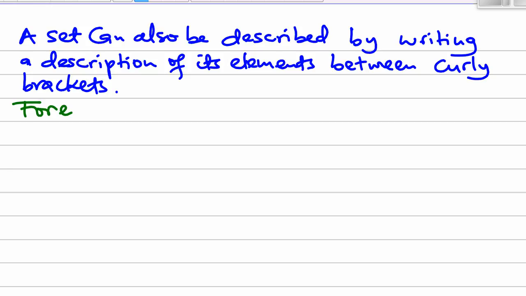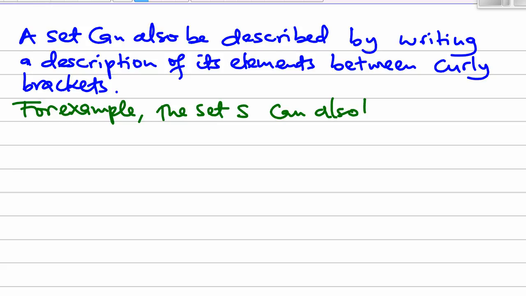So, for example, the set S in the previous page can also be written as S is equal to, you have a curly bracket and you just write a description of what those elements are.